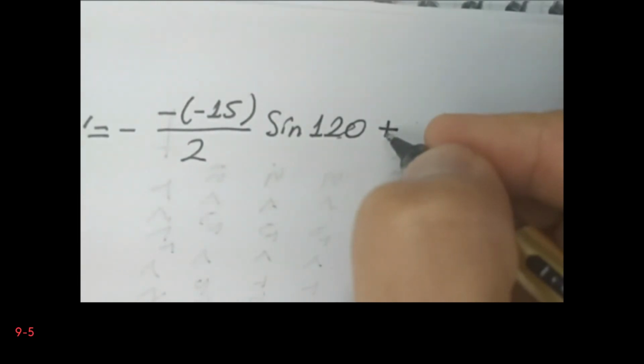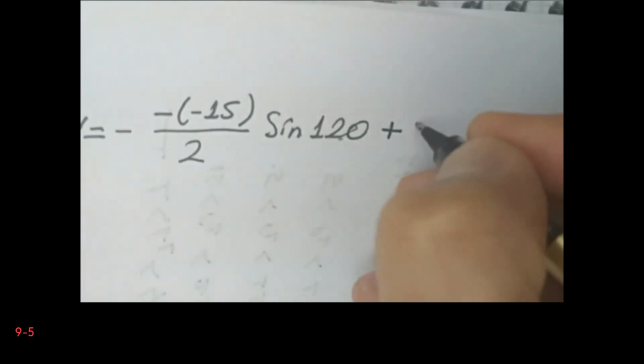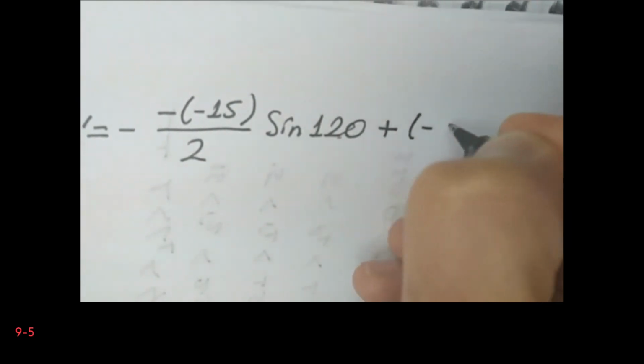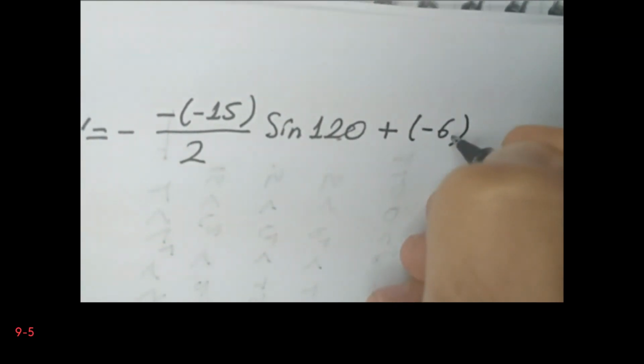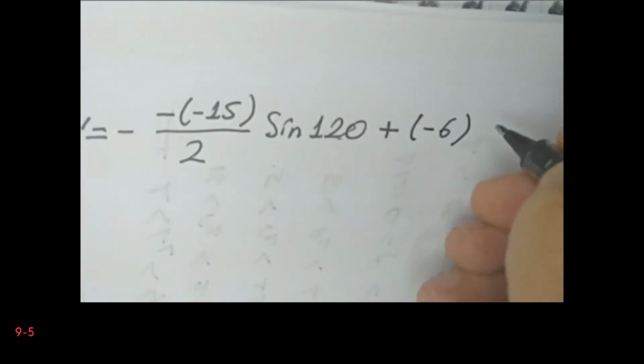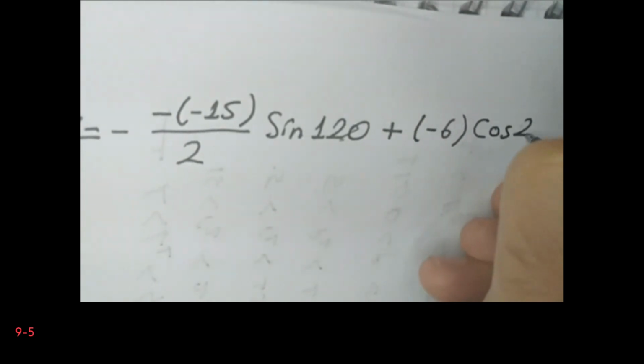The value of tau xy is minus 6, multiplied by cosine 2 theta, cosine 120.